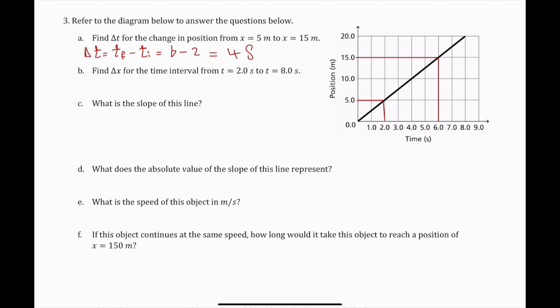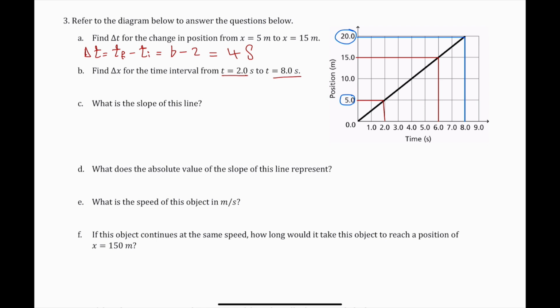B. Find delta x for the time interval from t equals 2 seconds to t equals 8 seconds. So from 2 we have 5, and for 8 we draw a vertical line and then a horizontal line, so we have 20.